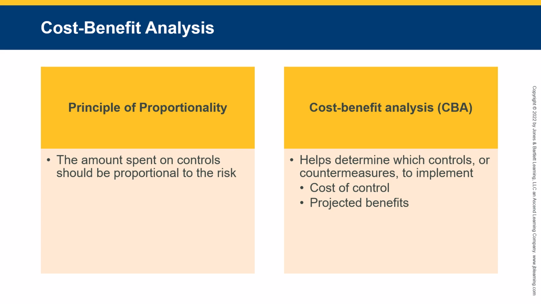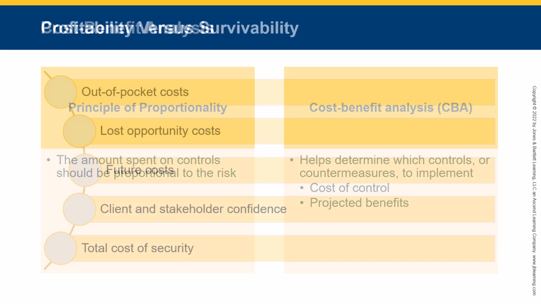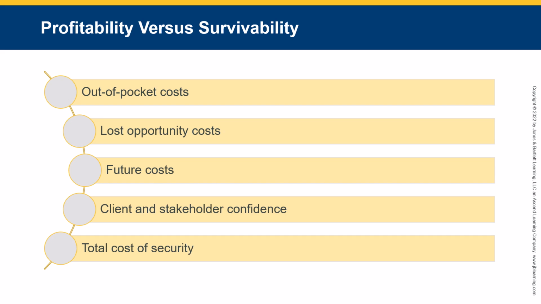We also have our cost-benefit analysis, our CBA, that helps to determine which control and countermeasures to implement based off of the appropriate costs. Again, if the cost is too high and the potential is low, you're not going to be throwing money away. Profitability versus sustainability. You have to look at what are the costs.